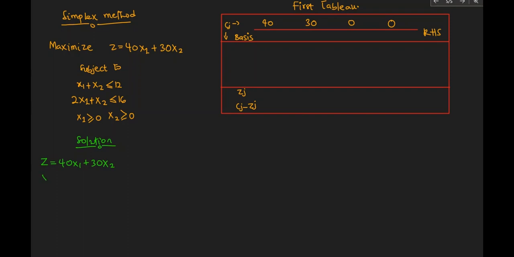So we have x1 plus x2 equal to 12, that's the first constraint equation. Then we have 2x1 plus x2 equal to 16, which is the second constraint equation.